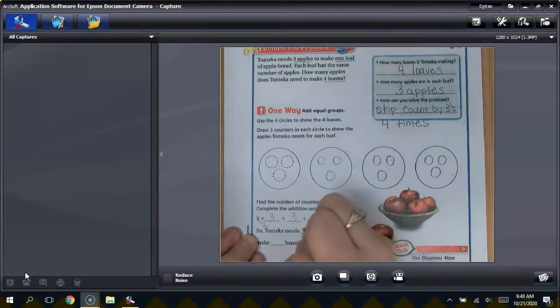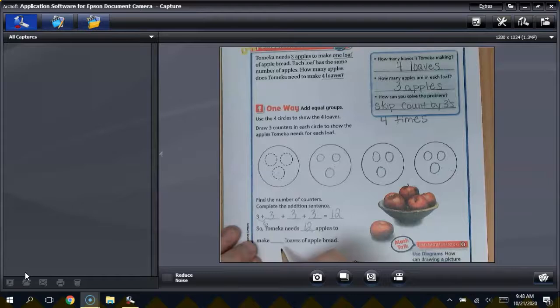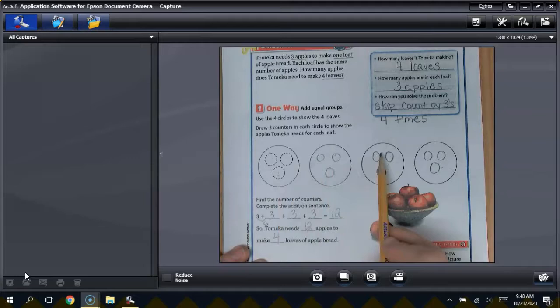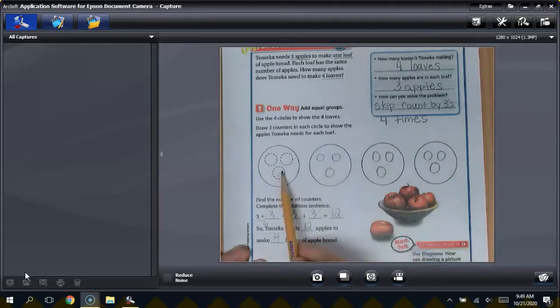So Tamika needs 12 apples to make how many loaves of bread? 4. So you just did addition to help with what you learn in multiplication. 1, 2, 3, 4, 5, 6, 7, 8, 9, 10, 11, 12. 3 plus 3 plus 3 plus 3.